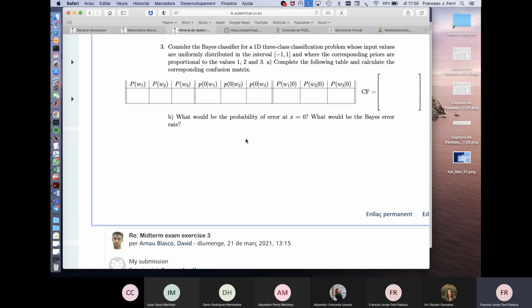Okay, can anyone tell me which is the correct confusion matrix? If the classifier always is going to say that the class you are analyzing is 3, it should be 0, 0, 1, 0, 0, 1, 0, 1. No?